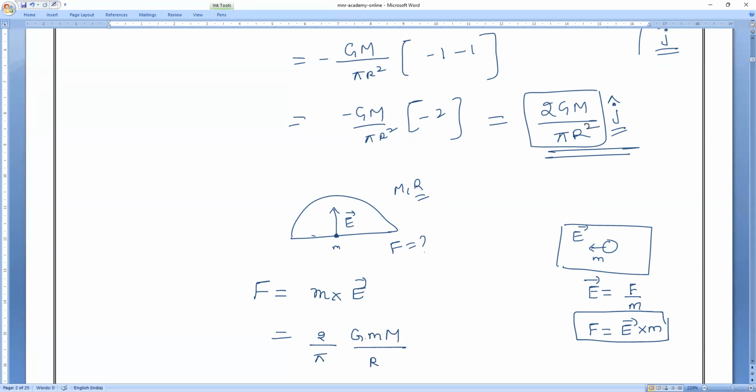I forgot. R square. And in which direction is it acting? J cap, because of the y axis. So this is how you calculate the force. Anybody having any doubt, you can ask me. I hope you are clear. All of you understand? Proceed now. So this is clear, how to calculate the force. Very, very important, please learn. E into m equals F.